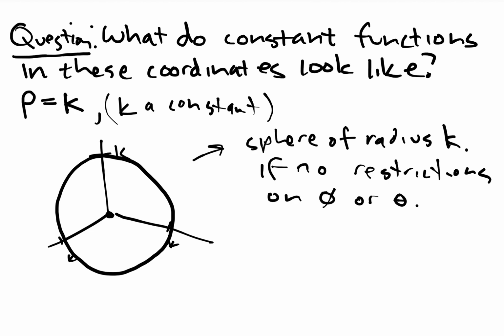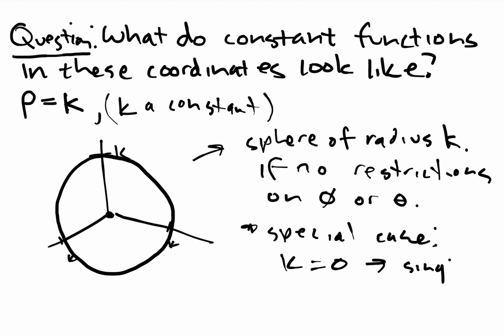And then the one special case that's an exception to this: if k is equal to 0, this is just going to be the single point at the origin. Okay, so that's the one exception to this that's not going to give you a sphere back.